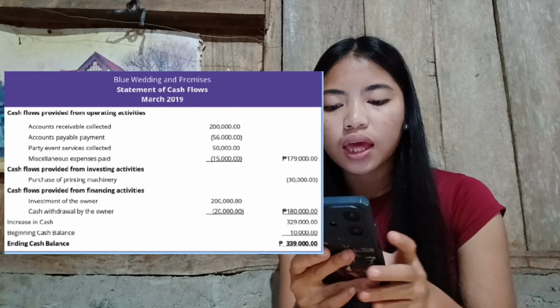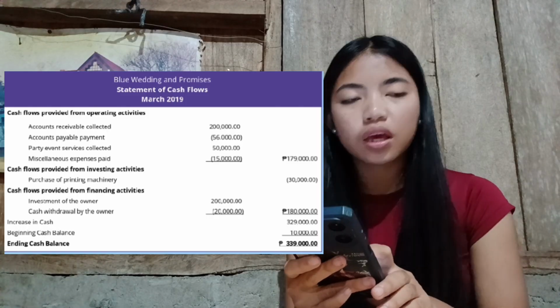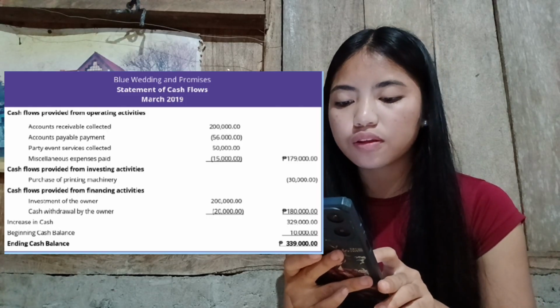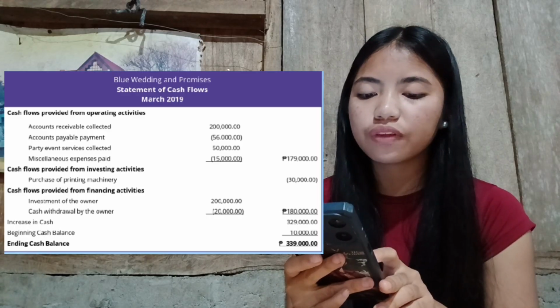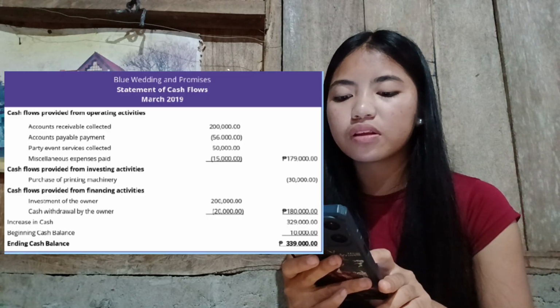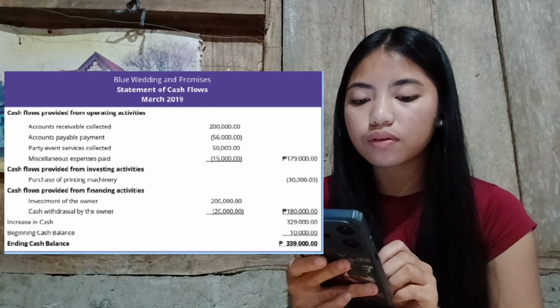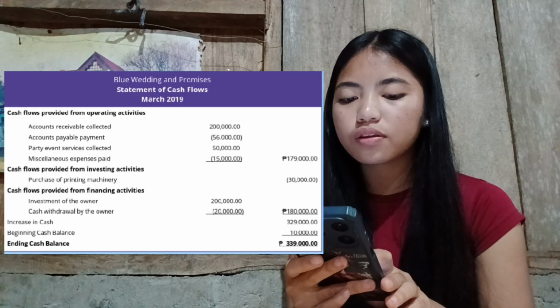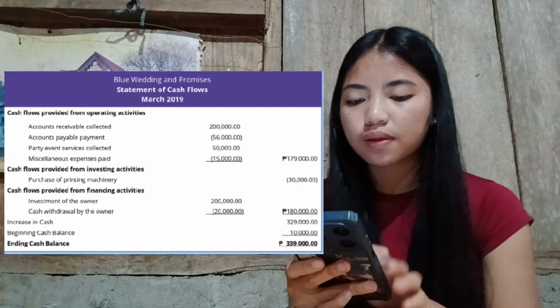First we have the accounts receivable collected, 200,000 pesos, accounts payable payment, 56,000 pesos, party event services collected, 50,000 pesos, and miscellaneous expenses paid, 15,000 pesos.